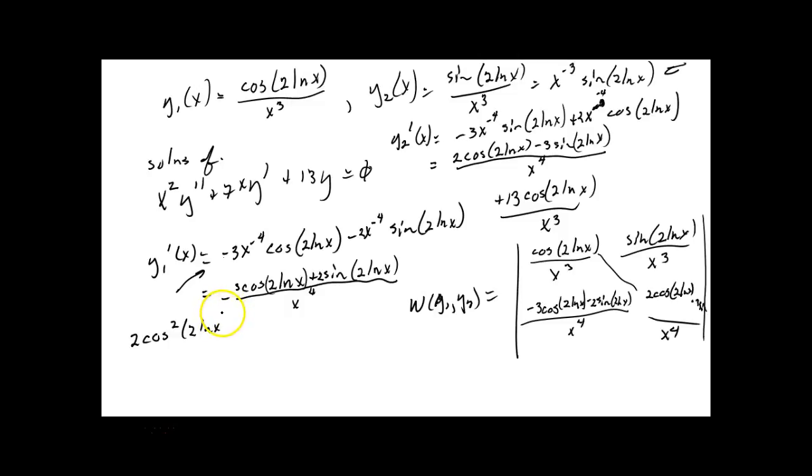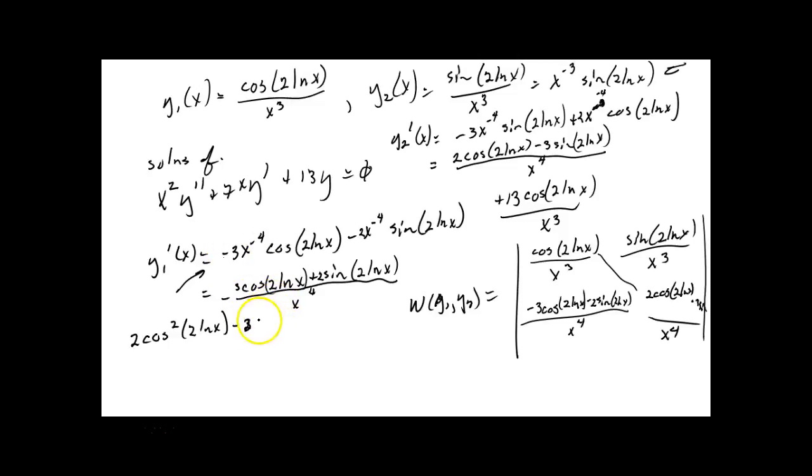That's the first term. And then this one times that one is going to be minus 2, that's a 3. I can't read my writing. I think that's a 3, isn't it? Yeah.